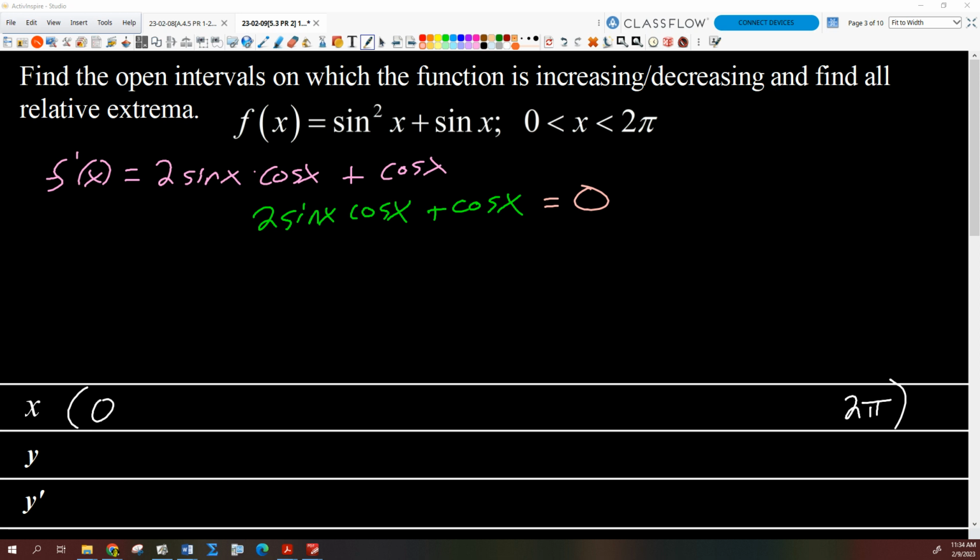Can I factor this? What could I do to factor it? I could factor out a cosine. Okay, now this accomplishes something really important. If I factor out a cosine x, then I'm left with 2 sine x plus 1.